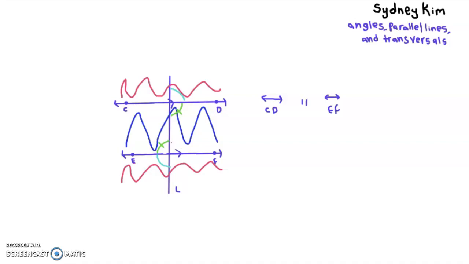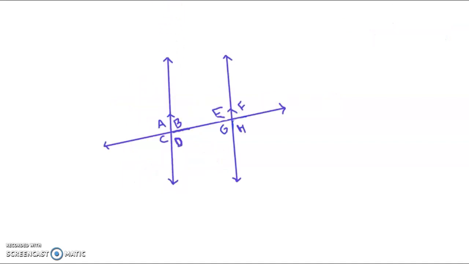Let me give you another example, this time explaining vertical and corresponding angles. So if we start with angle D, angle A is congruent because they are vertical angles. This is because they are vertical to each other.